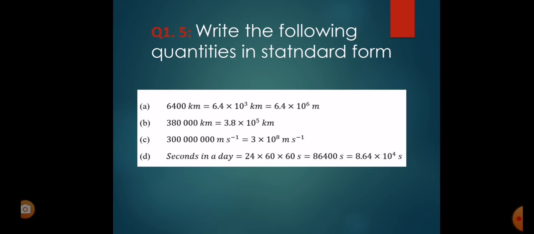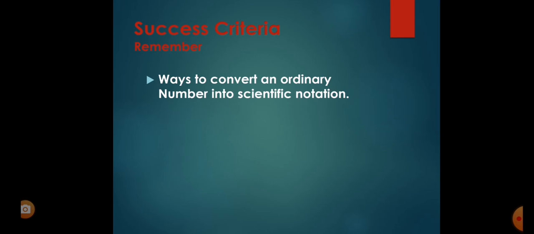So one day has 86400 seconds. Now the decimal will enter from the right side, 1 2 3 4, it will cross 4 digits, and 8.64 into 10 raised to power 4 seconds. Okay, so this has been solved.